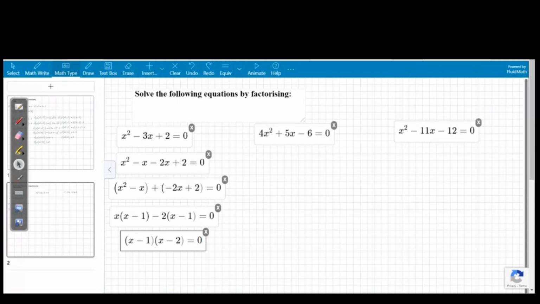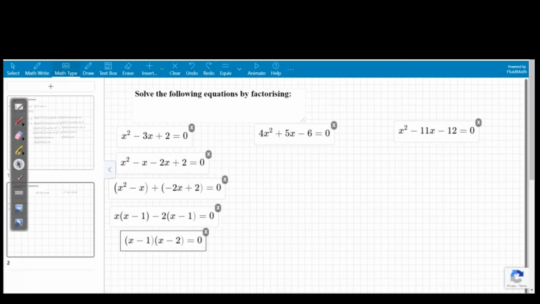To solve this equation, we'll use the mathematical concept that says that if you have two items multiplying each other and the answer is 0, for instance a times b equals 0, then either a equals 0 or b equals 0.